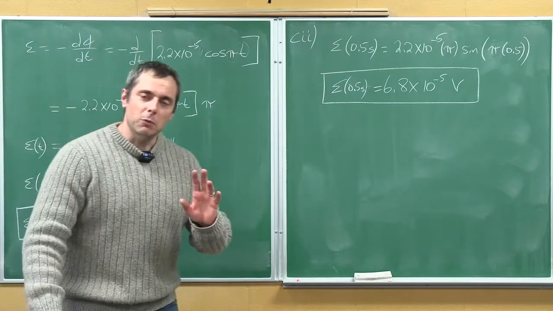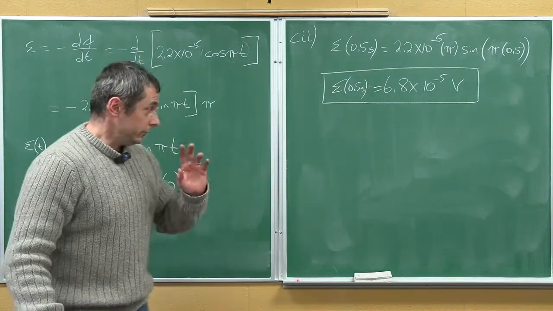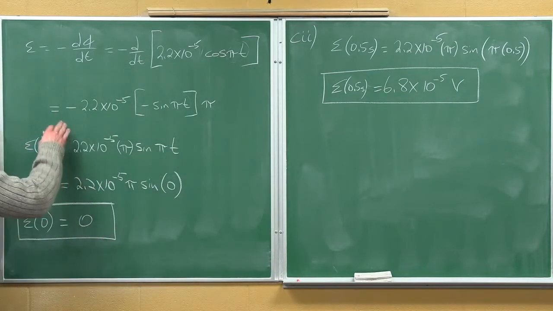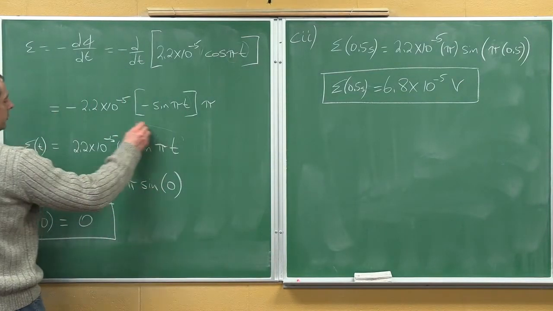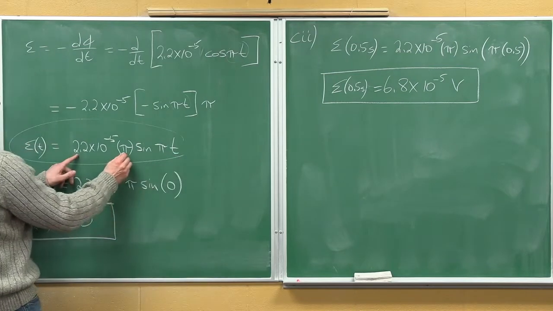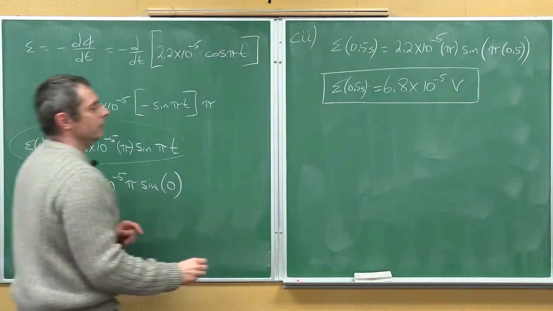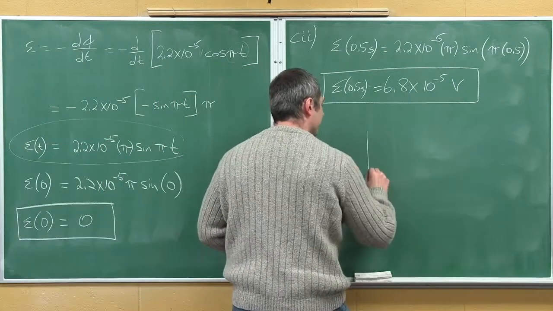Now the last thing that I want to point out before we summarize is that the voltage, as you could see from this expression, is a sine function. Pi times 2.2 is this value, and then it oscillates as a sine function. So we could actually plot that.